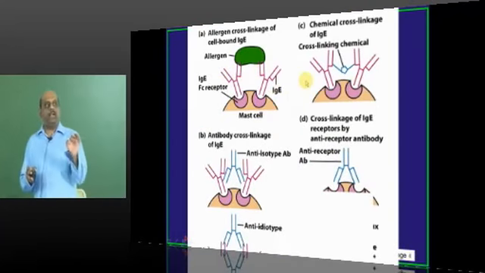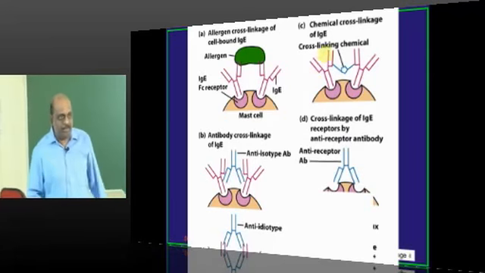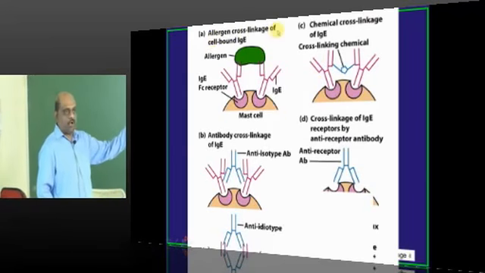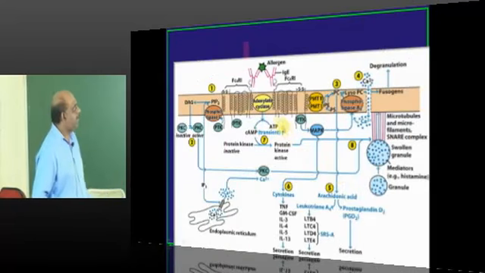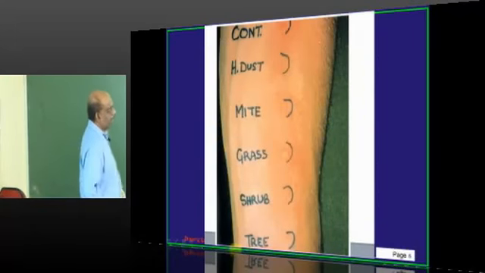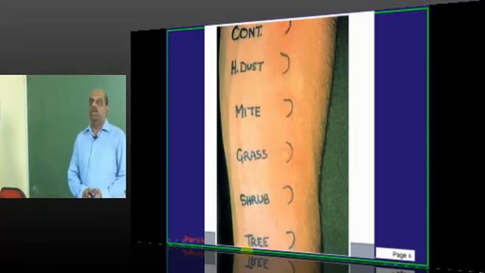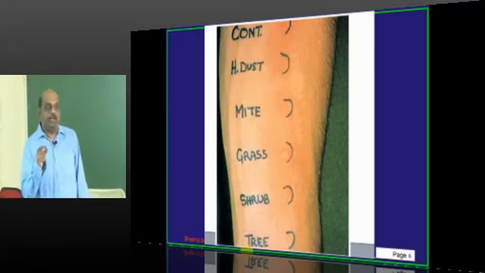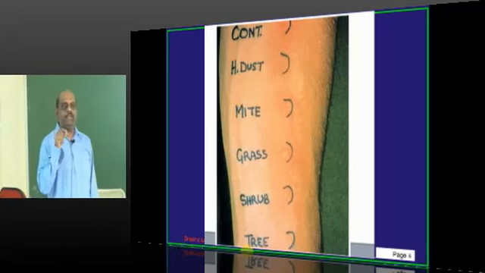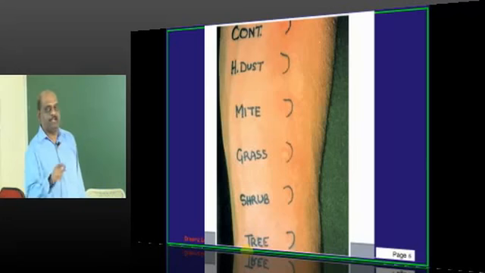So the most important key event which initiates type 1 is the allergen's cross linkage with the cell bound immunoglobulin E, and ultimately the degranulation reaction is what needs to be remembered. How will you test that a person is having a type 1 hypersensitivity state and allergy?